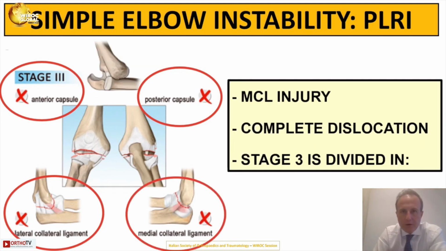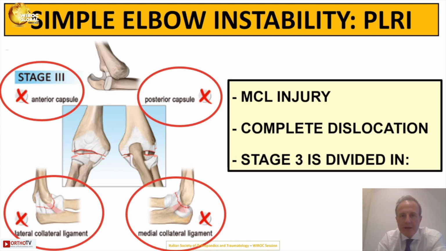In stage 3, the previous ligament and capsular lesions are combined sequentially with a progressive injury of the medial collateral ligament. The joint is completely dislocated.